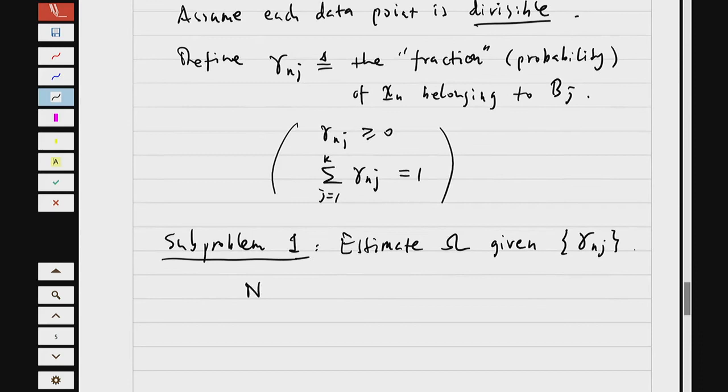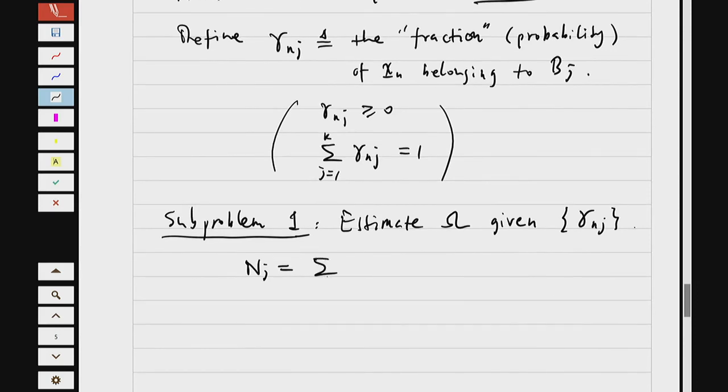Again, we have to define this mj, because we want to estimate wj and so on, right? What would be a good way to estimate mj? How many points are there in the bump j right now? If you chop up each point and spread them around, how do we count the number of points inside bump j? Well, just add up the fractions of all points. So now the summation will be the sum of n goes from 1 to n of the fraction of each one of these points.